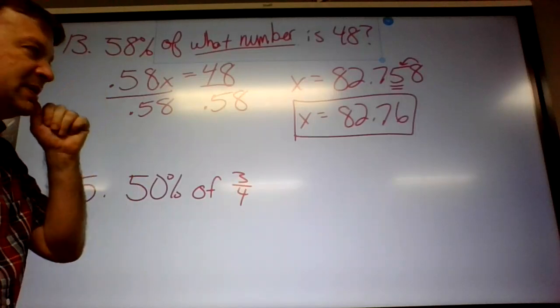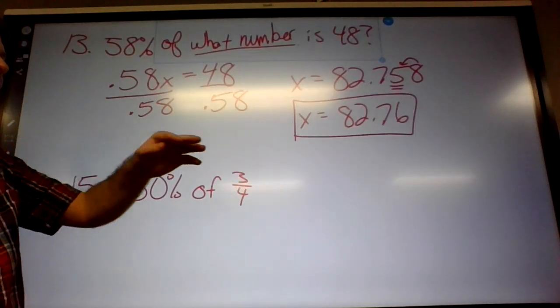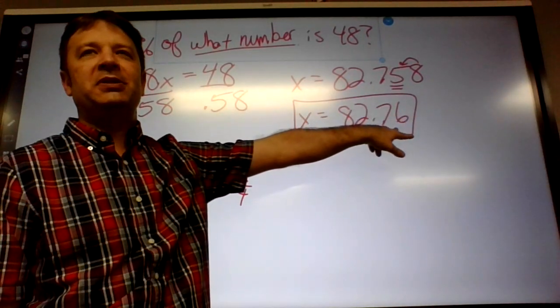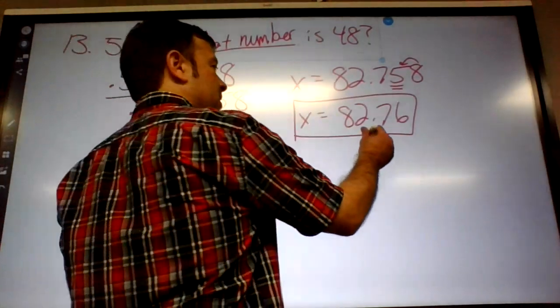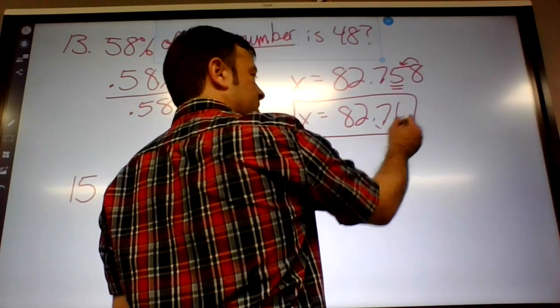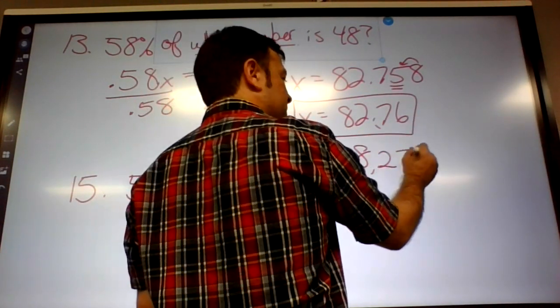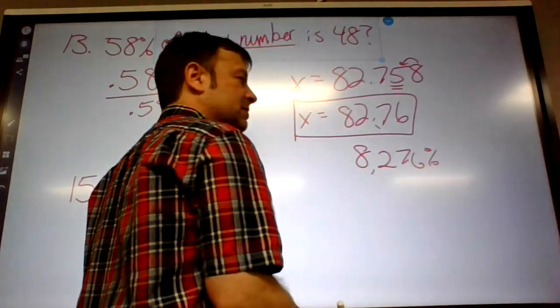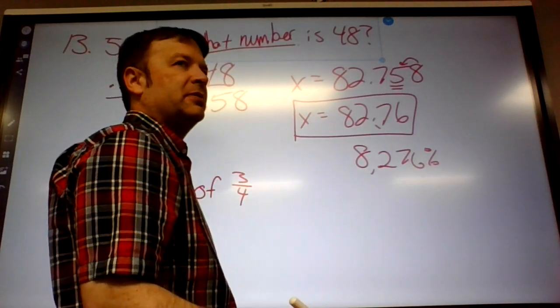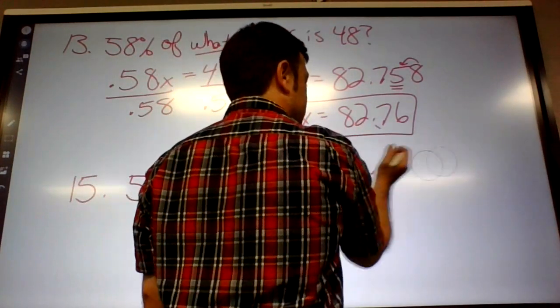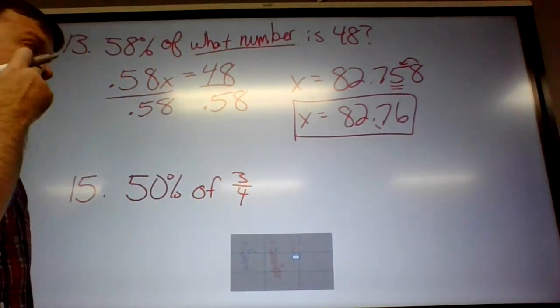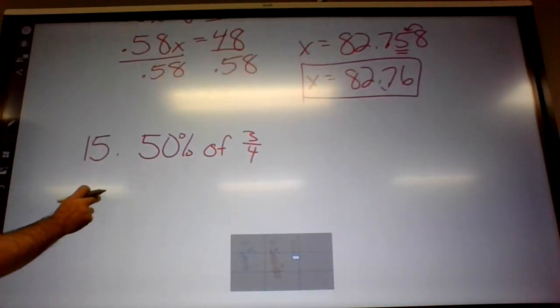So I did not change it to a percent. If I did change it to a percent, do you guys know what it would be? Because it's kind of like number 16. 82.76%. No, it would be 8,276%. Number 16 is kind of big like that, though. 16 is in the thousands of a percent. Okay.